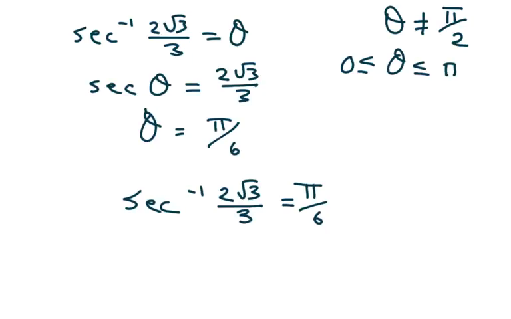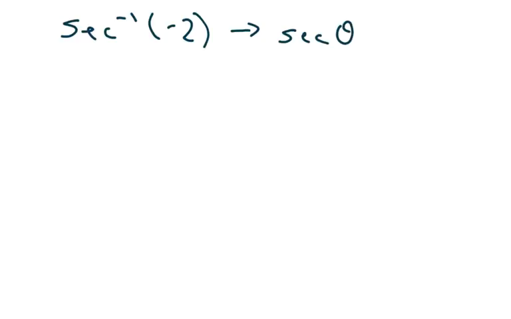Let me see if I have one more here. Actually, I have a few more. Okay. So another one is inverse secant of negative 2. So you can write this as secant of theta equals negative 2.